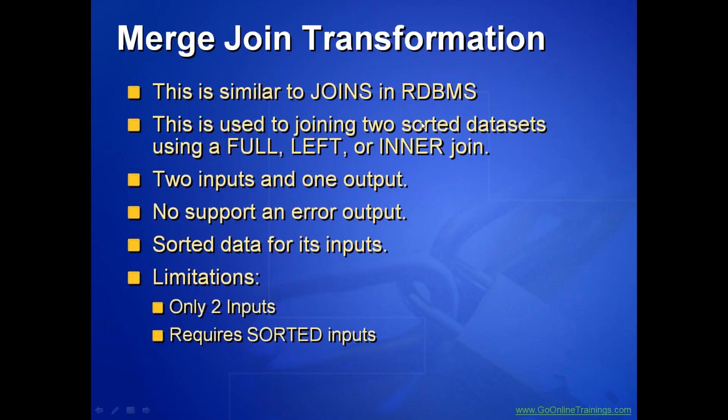This is used to join two sorted data sets using full, left and inner joins: two inputs and one output, and no support for another output. It requires sorted data for its input. The limitation is that only two tables or two data sets can be joined, and it requires sorted data as an input.